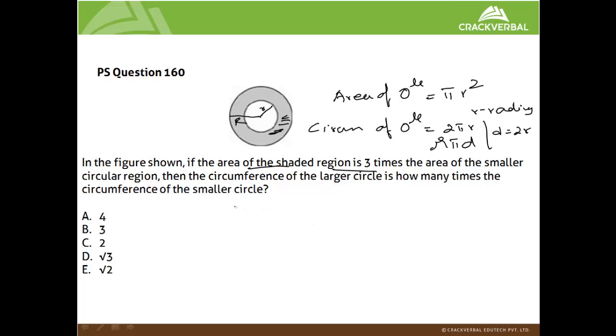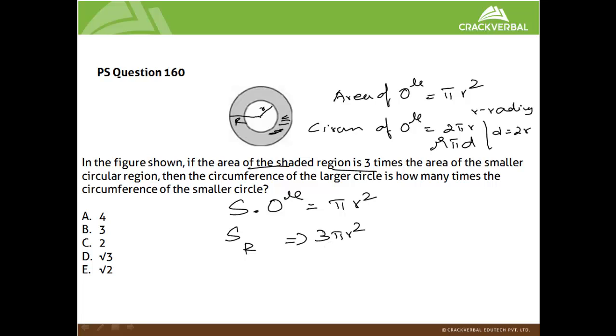Let's call the area of the smaller circle SO. The radius is r, so the smaller circle area is pi r square. But the area of the shaded region, let's call it SR, is 3 times the area of the smaller circle, which is 3 pi r square.